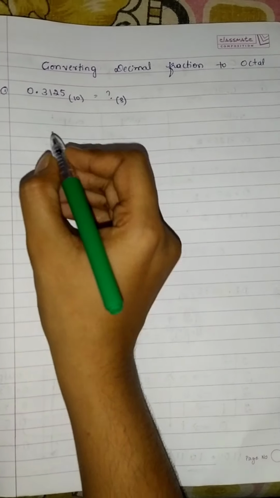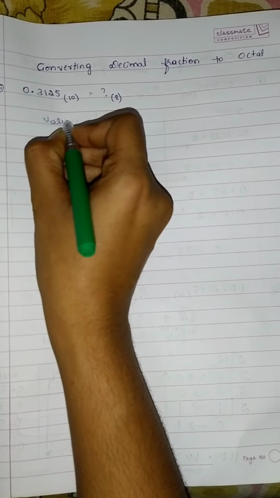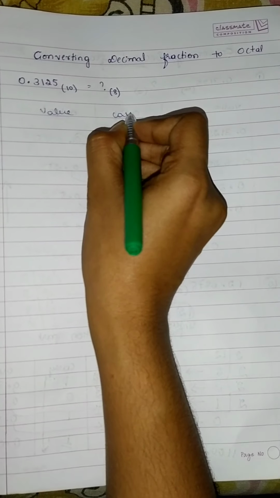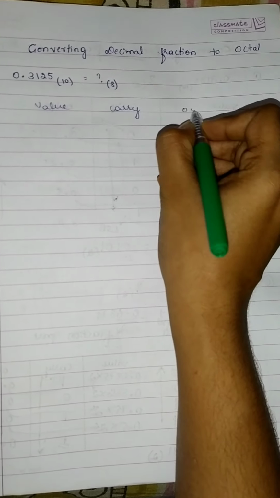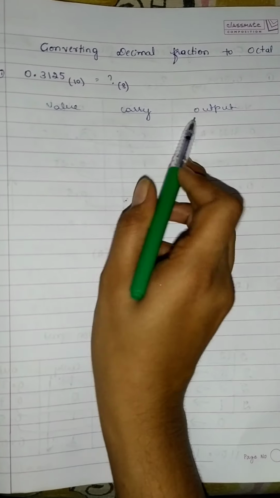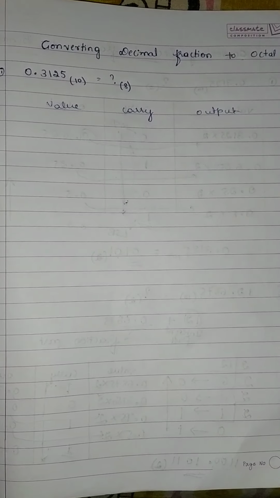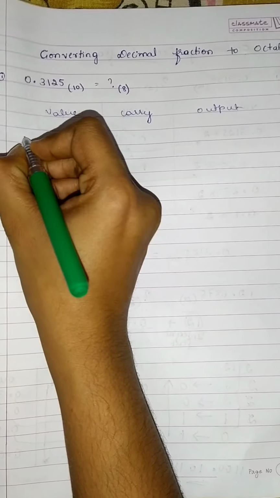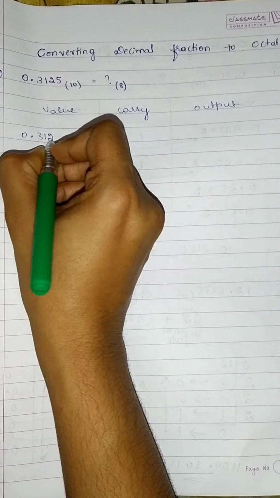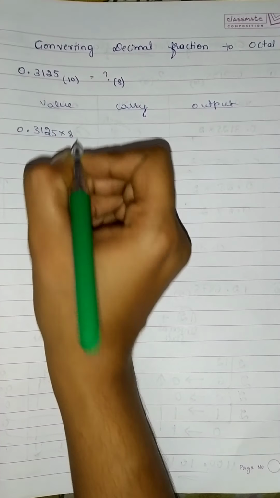We have to take 3 columns here. What are the columns? Value, carry, and output. What is the value here? 0.3125, which needs to be multiplied by 8.